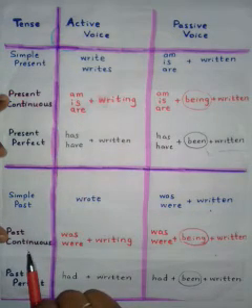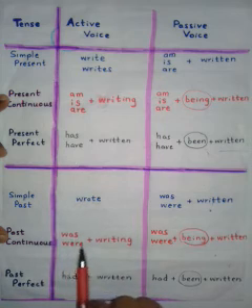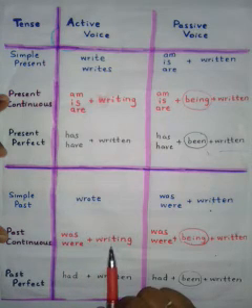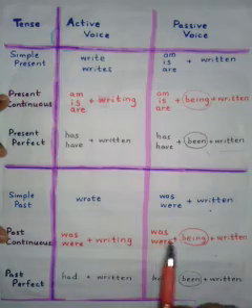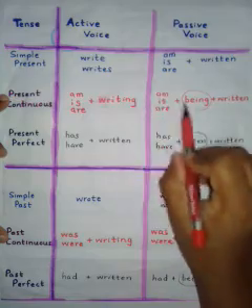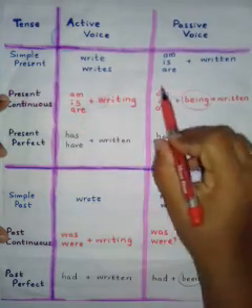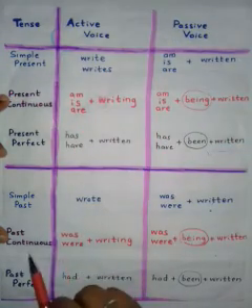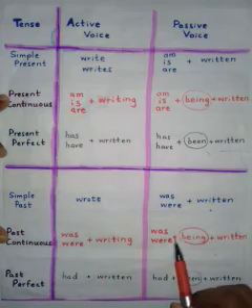For past continuous we use was, were plus the present participle or the ing form. When forming the passive, we have the same helping verbs am, is, are, and for past, was, were.